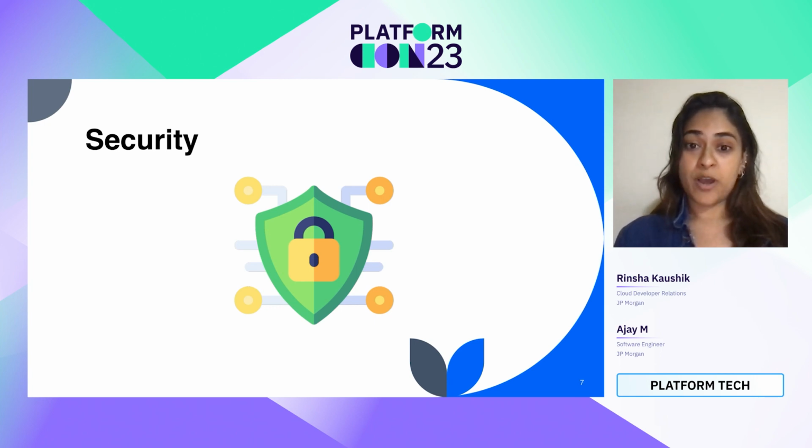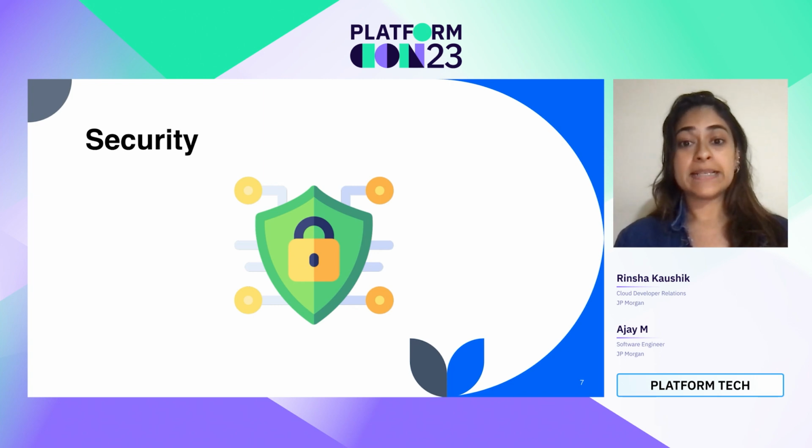The next advantage, which is in fact a very important one, is security. So cloud native build packs are also designed with security in mind. In traditional methods of application packaging, there is a risk of including vulnerable or outdated dependencies, which can lead to security breaches.